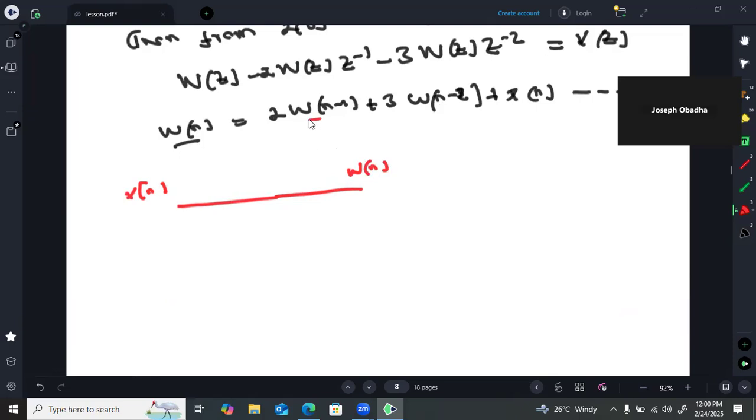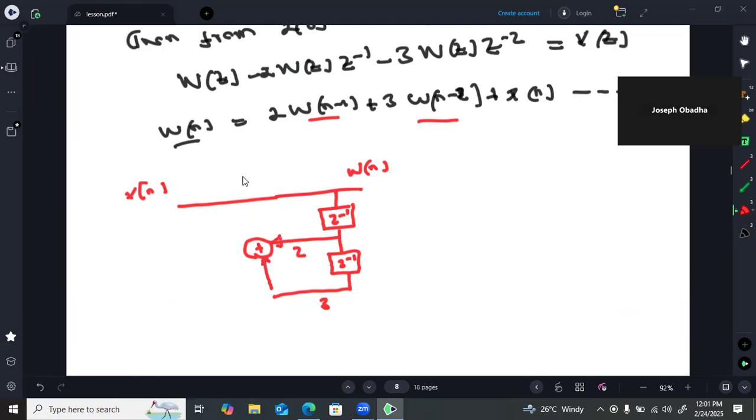So I need one delayed by 1 unit, another delayed by 2 units, z negative 1, z negative 1, so that I'm able to tap these, having a coefficient of 2 and a coefficient of 3, and have the summation at this point.